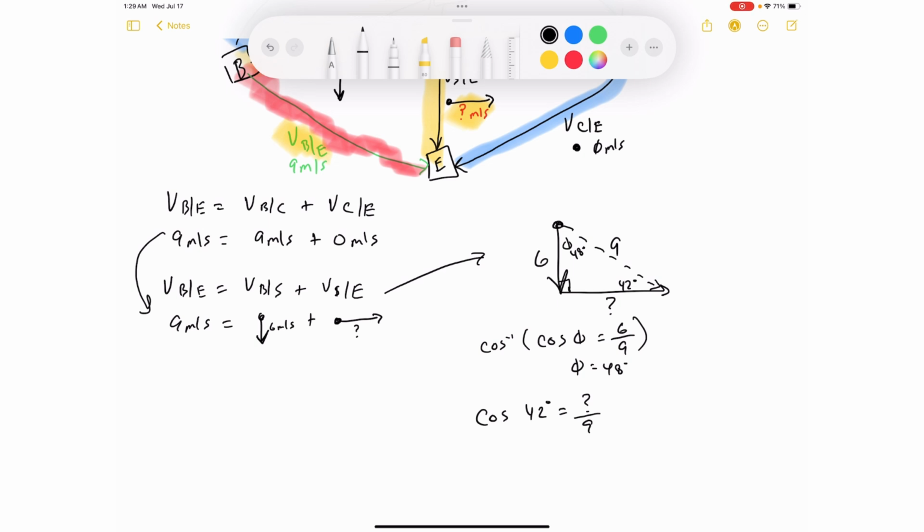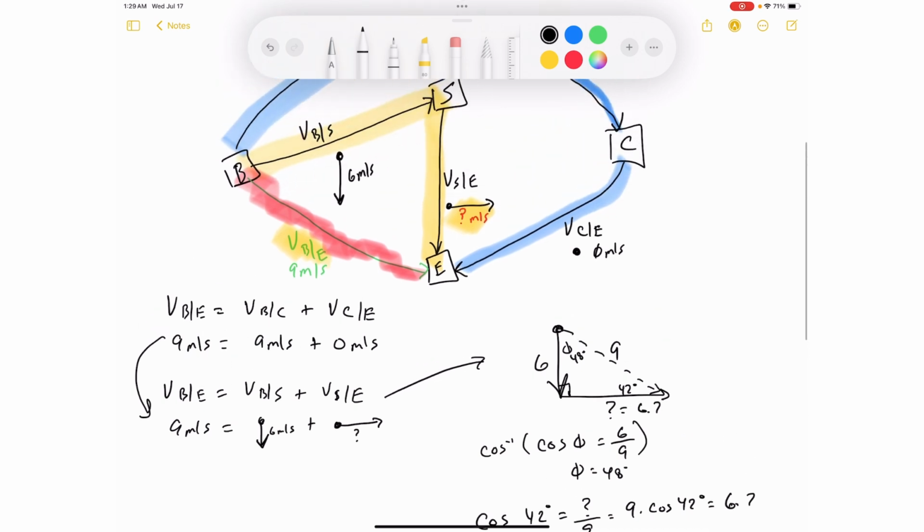I'm looking for the question mark, so we just rearrange this. 9 times cosine 42 degrees equals 6.7, and this is in meters per second. So this question mark right here is 6.7 meters per second.